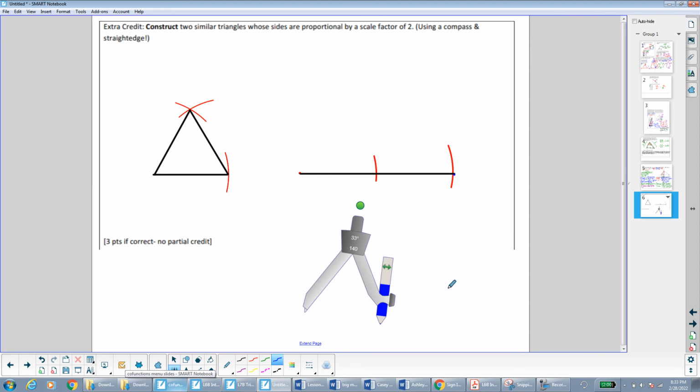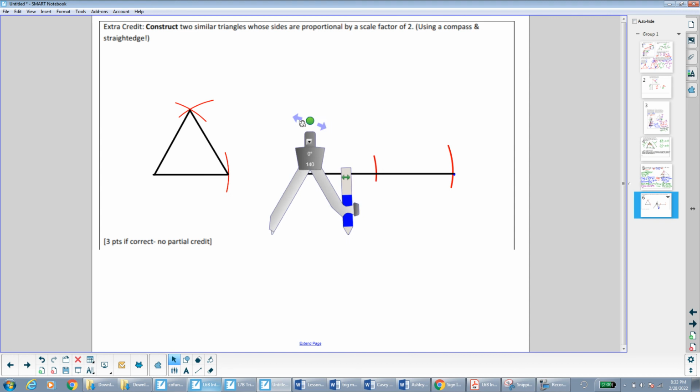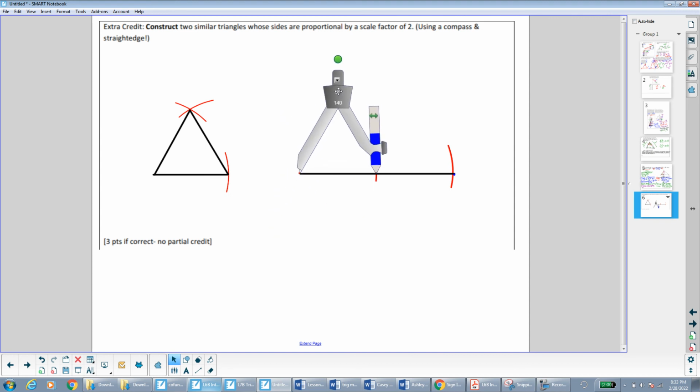And now I have a side of the triangle that's exactly double. I want to make my other sides the same length because I made an equilateral triangle to begin with. And I want all the sides of my new triangle to have a scale factor of 2 from the original. So now that we've accurately measured, I can just open up my compass all that way.